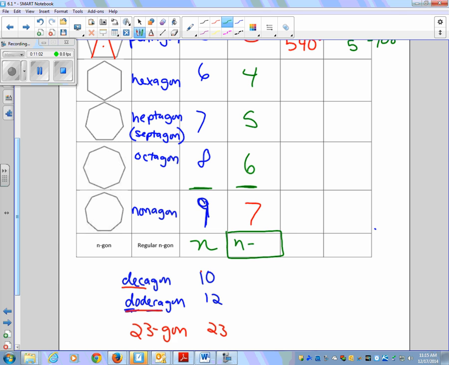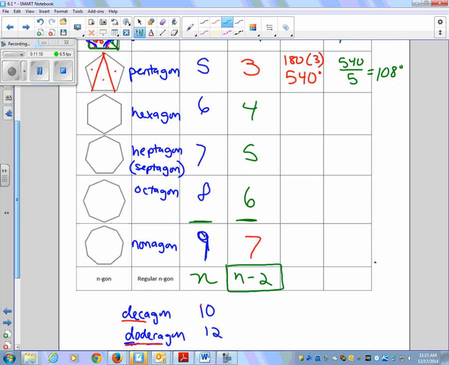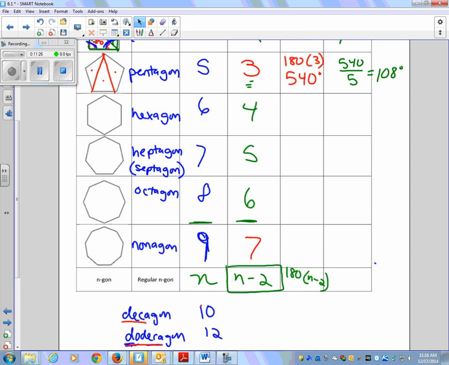N minus 2. It's always 2 less. And then in this column for getting the sum of the interior angles, we always did 180 times the number of triangles. So if the number of triangles is n minus 2, that's how we get our formula for the sum of the interior angles of a polygon.